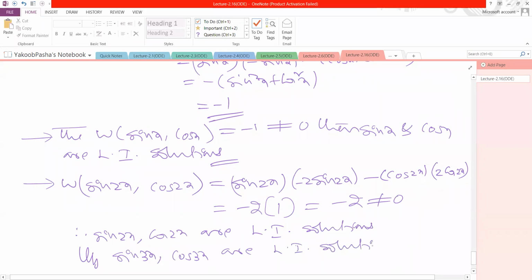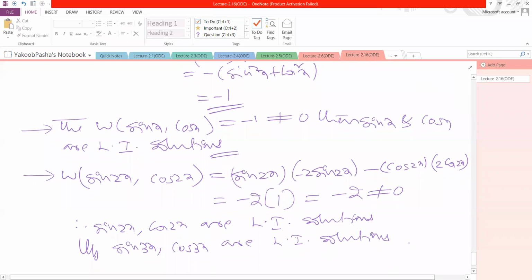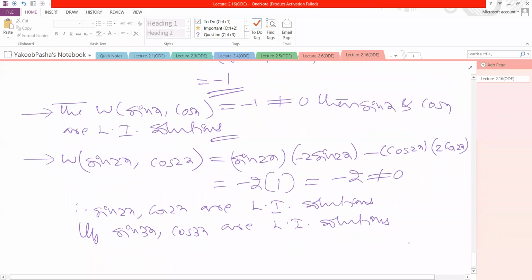These are all also linearly independent solutions, but we can take different values, for example sin ax, cos ax, as different linearly independent solutions like that.